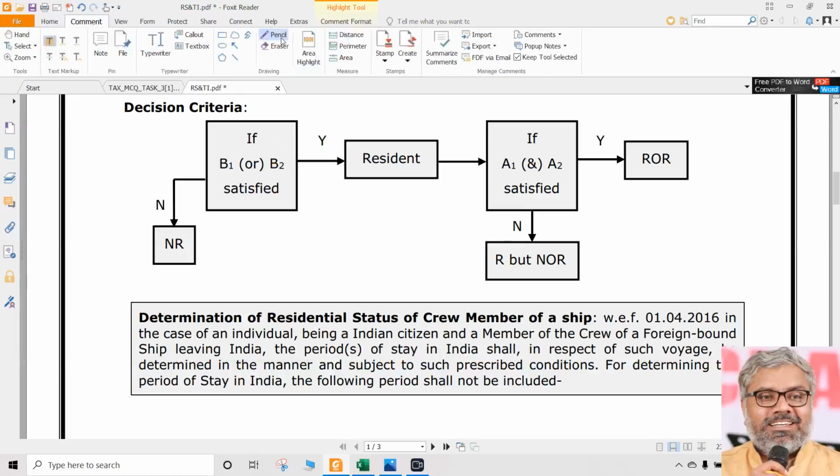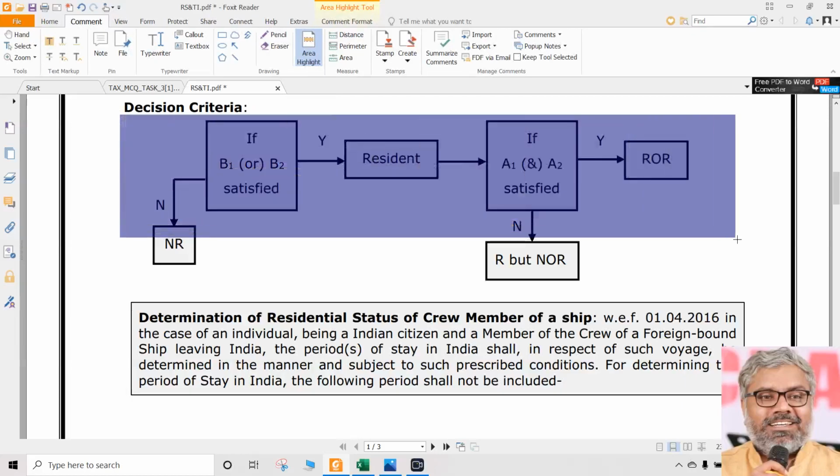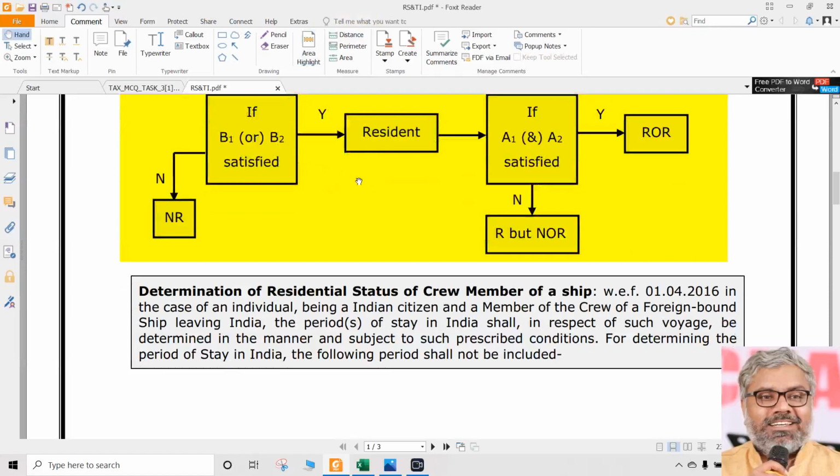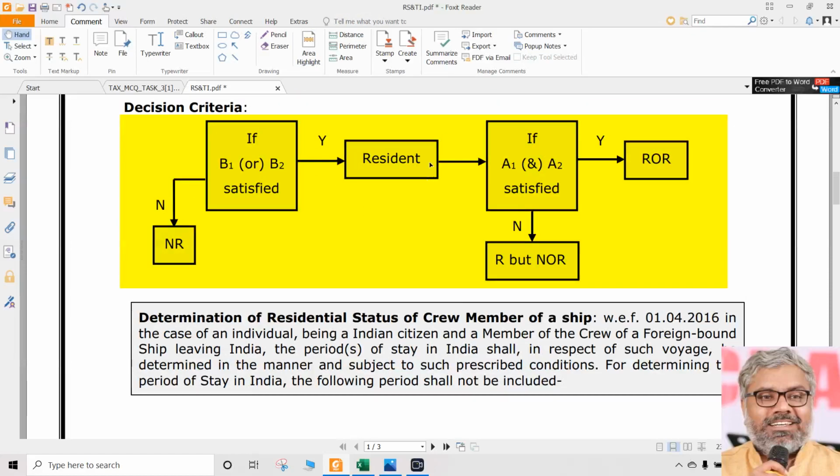So in a simple flow chart way, we can understand this entire flow chart, wherein the residential status of individuals can be determined one by one, step by step. Directly it will not come out. We have to identify them one by one. So whether basic condition number 1 or 2 is satisfied, yes or no. Yes, resident; no, non-resident. Once resident, you have to check additional condition number 1 and 2.